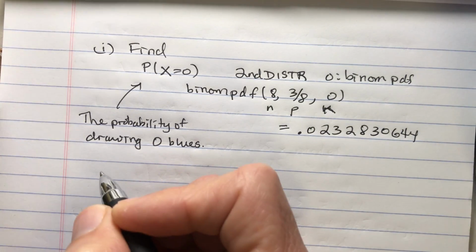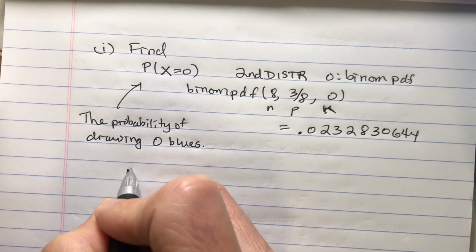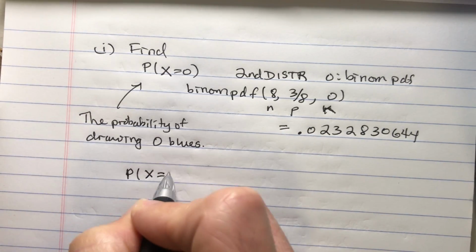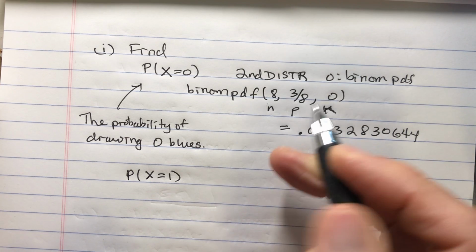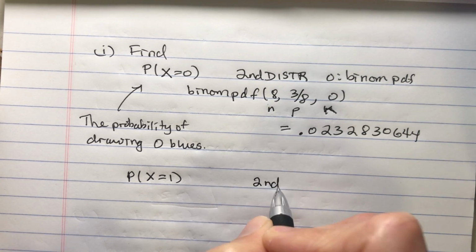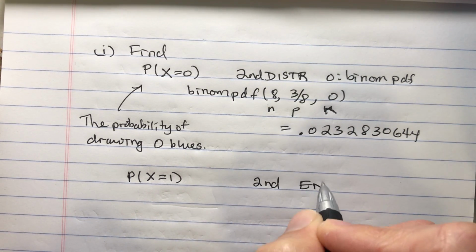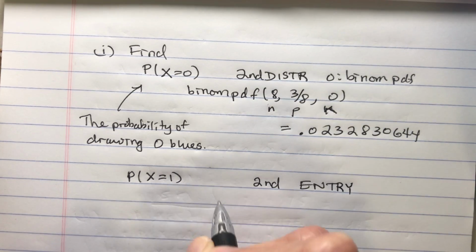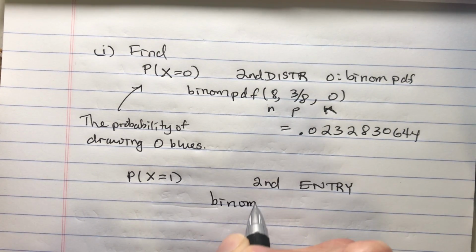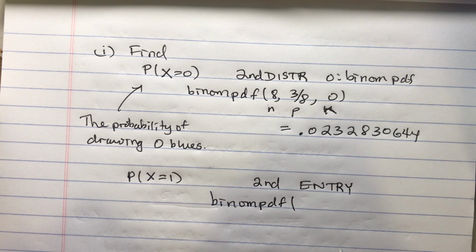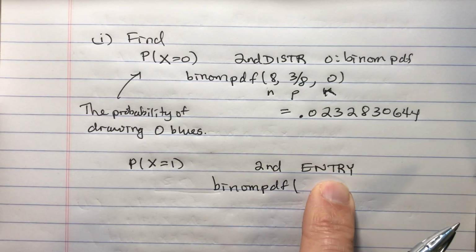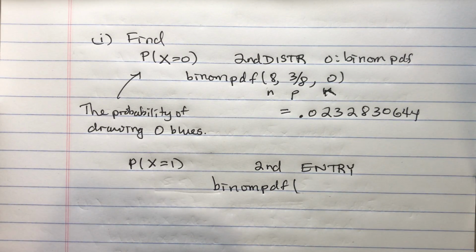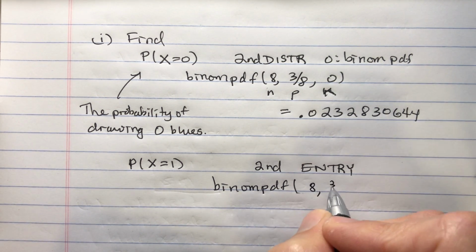Now I'm going to go on to probability x equals 1, and you can just type in all this stuff, but you can also type in second entry, and then it's going to bring up, once again, this binomial PDF, but it's going to bring up what was the last entry. And then what I do is I edit it to make this 8, 3, 8, 1.